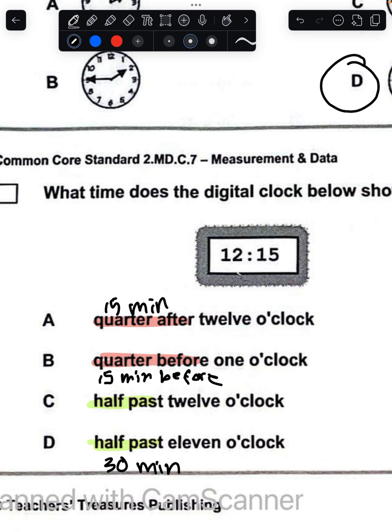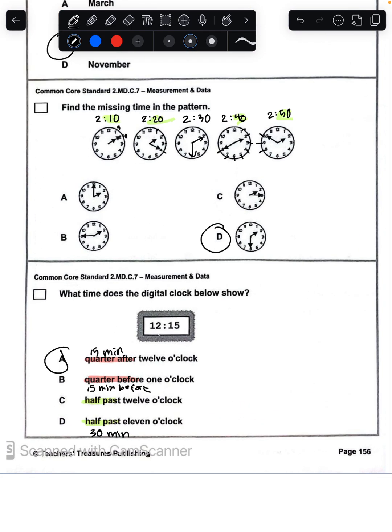So it says 12:15, so it's 15 minutes after 12 o'clock. So that would be A, 15 minutes or a quarter after 12 o'clock. And that is all.